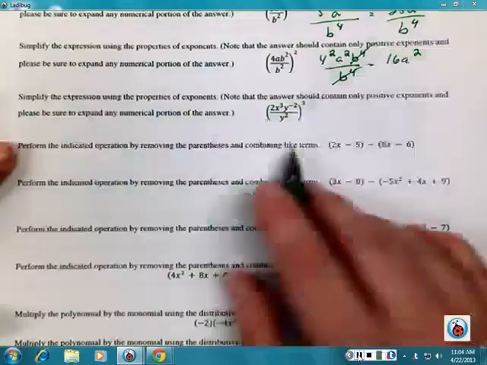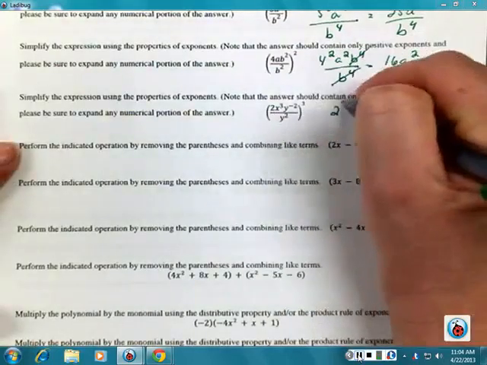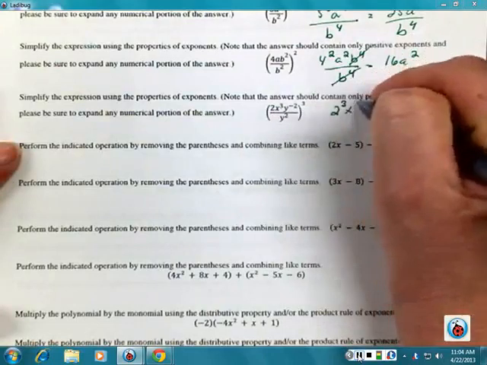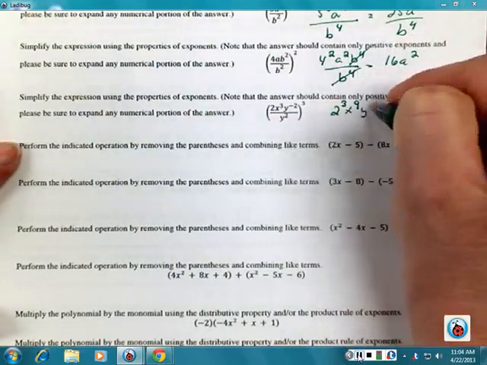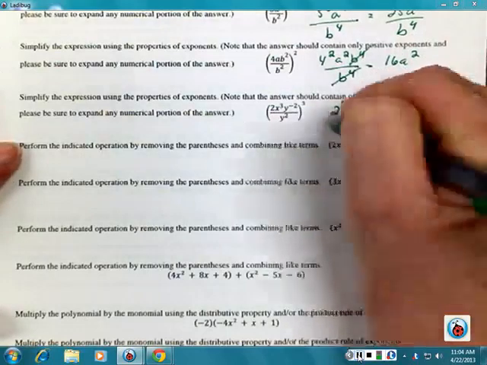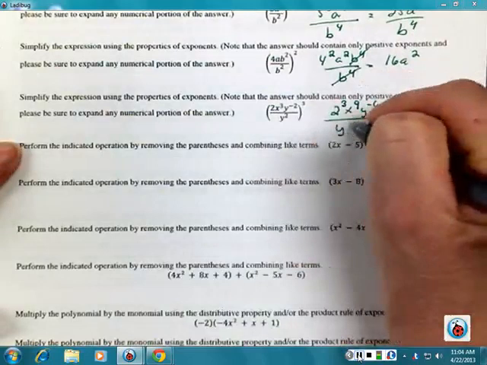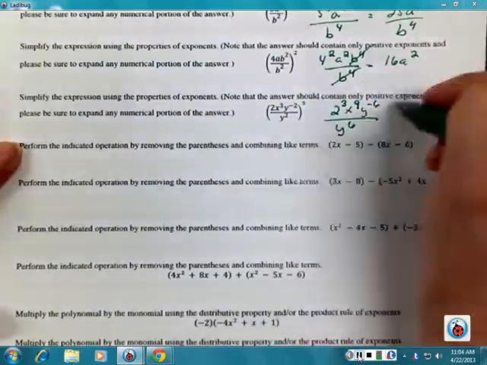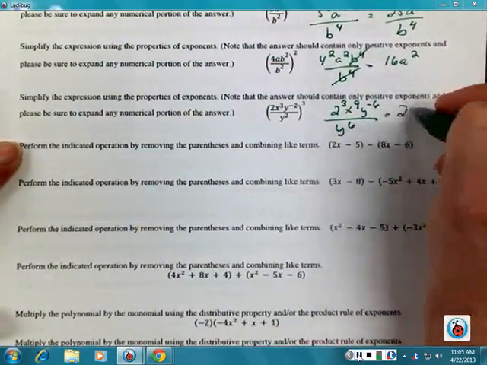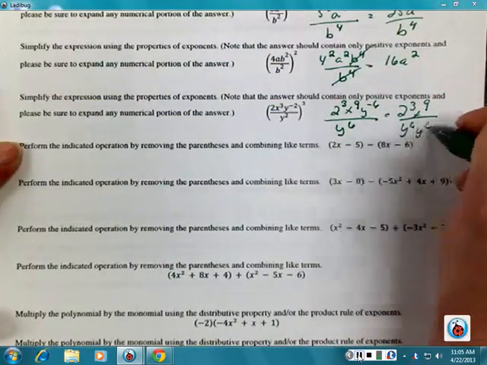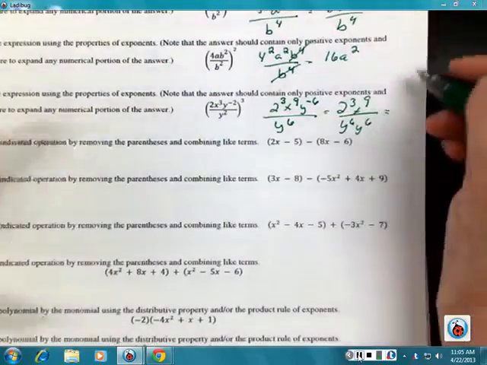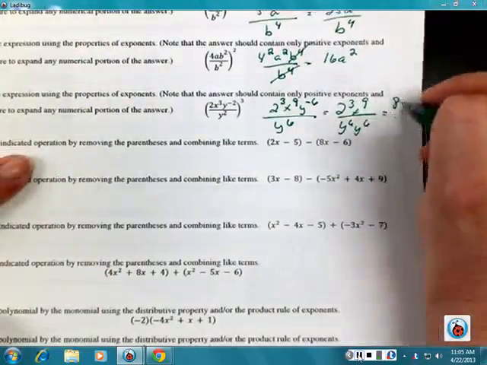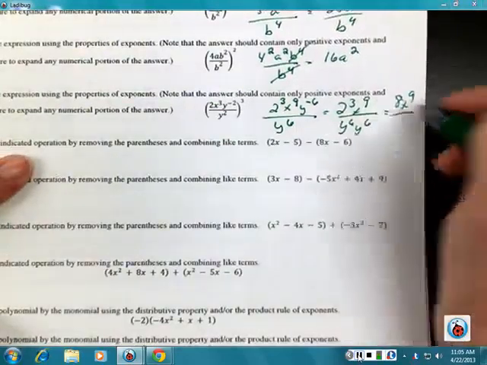So we need to have 2 cubed, x to the 9th, y to the negative 6, all over y to the 6th. But this has got to go to the bottom. So you have 2 to the 3rd, x to the 9th, over y to the 6th and a y to the 6th. So my final answer? 8x to the 9th, all over y to the 12.